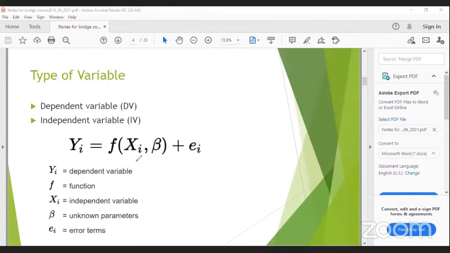That's why I told you it is general. Here y_i is always the dependent variable, f is a function, x_i is your independent variable, beta is your unknown parameters, and epsilon is called the error. All this description is given here.